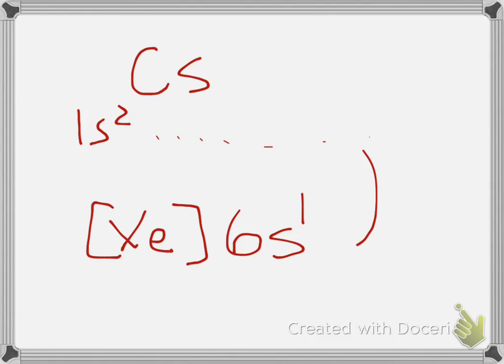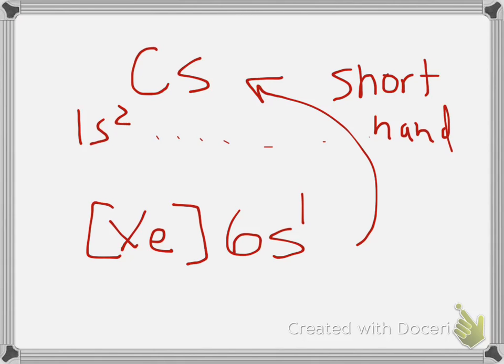So that would be shorthand for cesium. You have to be able to do both ways, okay? Both ways. In fact, on your homework today, the first 7 are longhand and the bottom 7 are shorthand, okay?